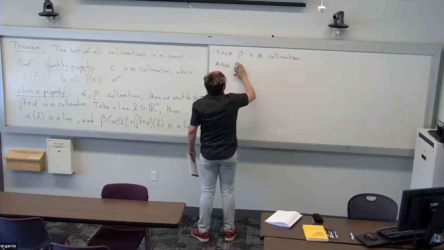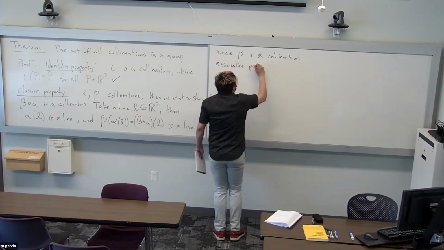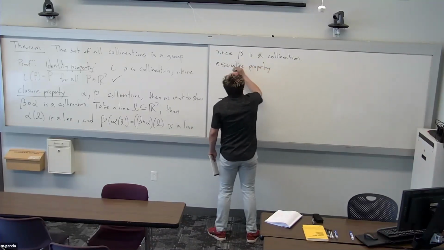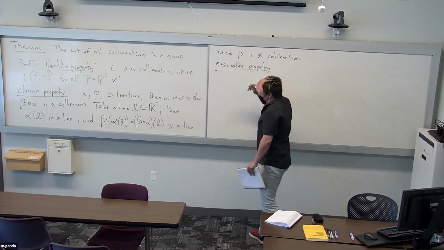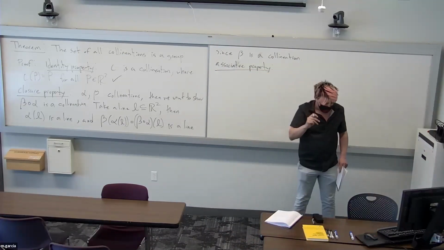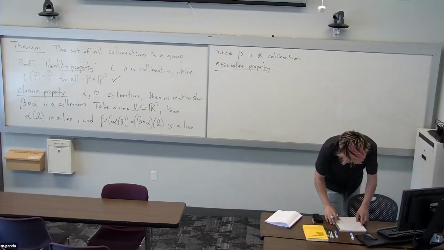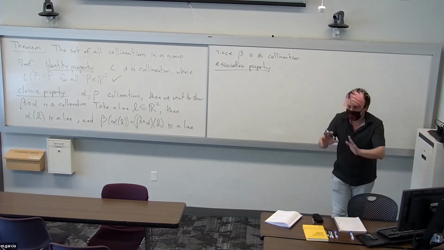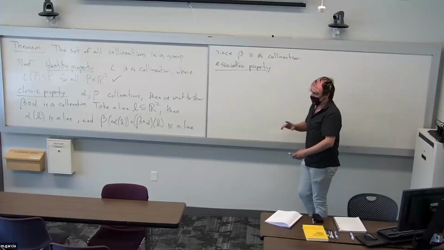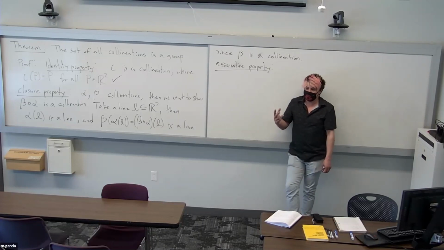Okay, so, associative. The associative property. This should work just like the other one, right? Yeah. Because it was more about composition than about transformations. Exactly. This is something I alluded to yesterday.